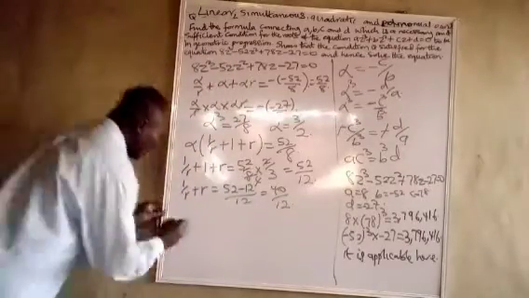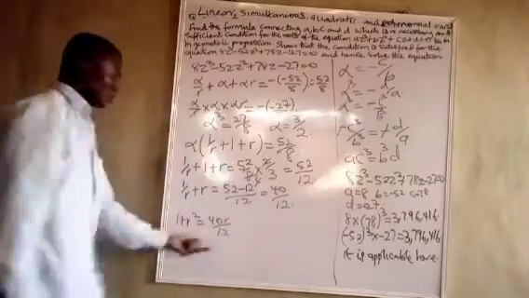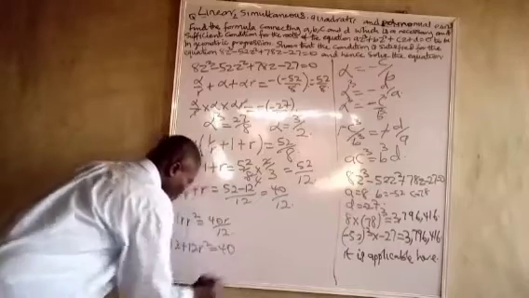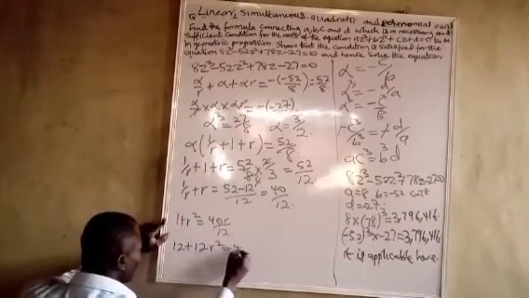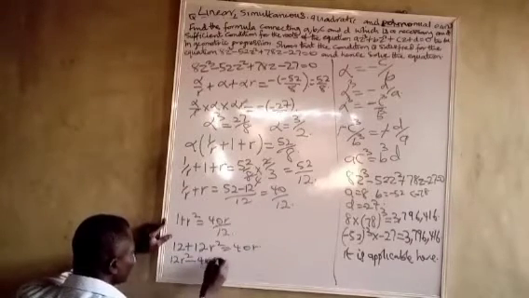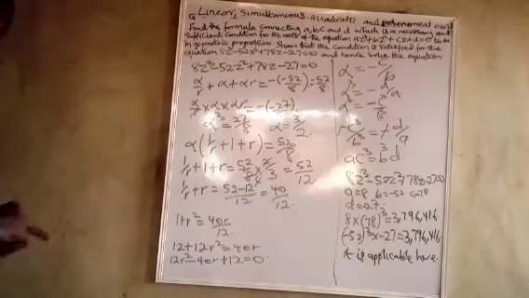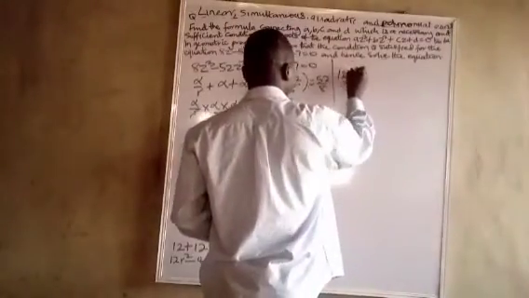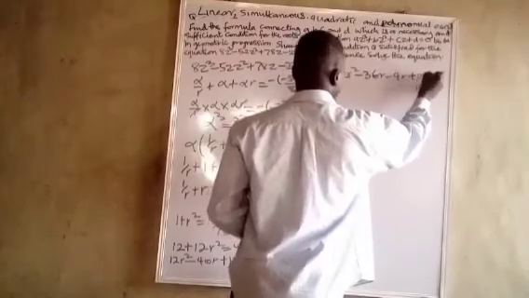Multiply through by r. Now I have 1 plus r squared is equal to 40r over 12. Multiply through by 12. I have 12 plus 12r squared is equal to 40r. So I can now say 12r squared minus 40r plus 12 equals 0. So 12r squared minus 36r minus 4r plus 12 equals 0.